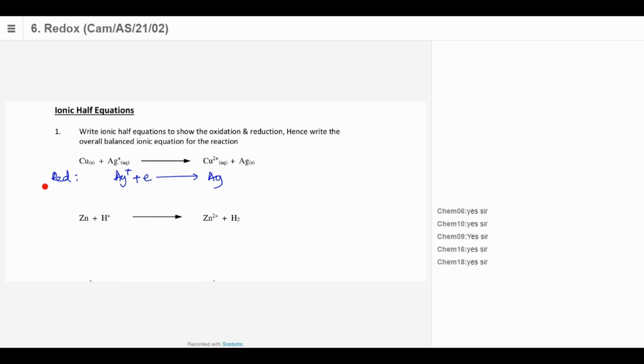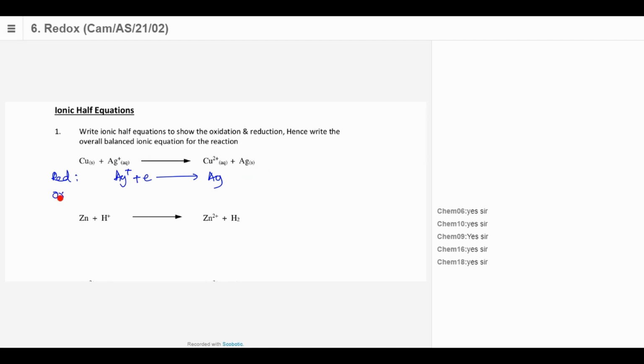So this is a reduction. Reduction is gaining electrons. Oxidation is loss of electrons. So it's always advisable to add an electron onto the left side rather than writing minus electron on the right side, which is not wrong, but it is better to write reduction as gaining of electrons.